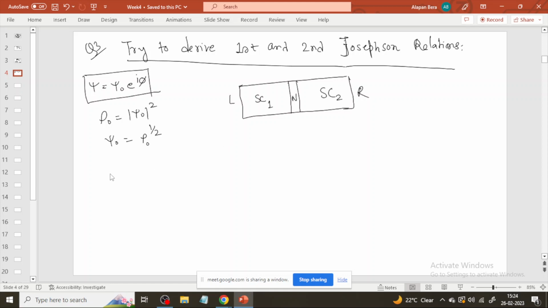Now the dynamics of the wave function of the electrons, of the Cooper pairs, is given by the Schrodinger equation that we already know.